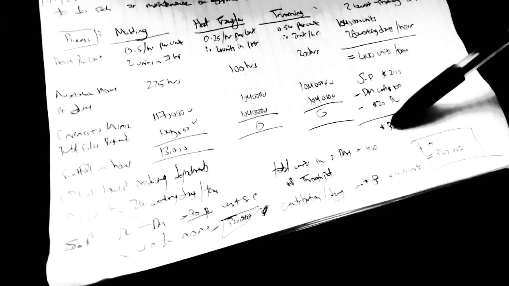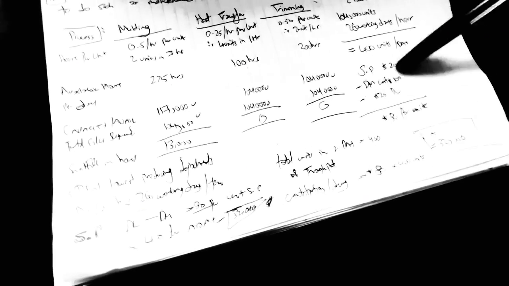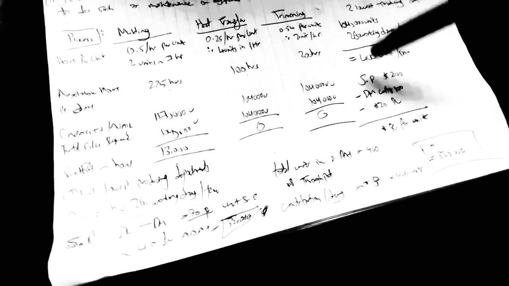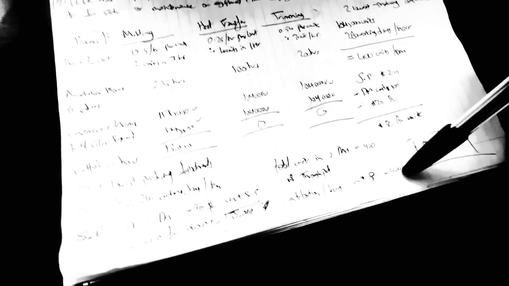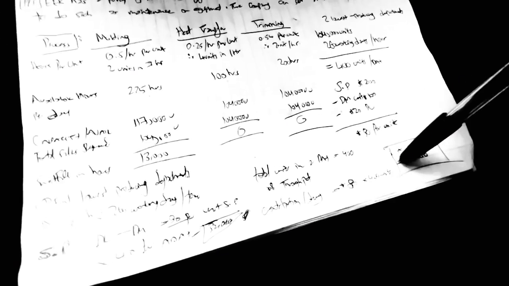You take that off and you're still going to get 80. So there are two methods of doing it. You can do it from this formula, or you can do it like this. It's going to give you 80 per unit. And because at the beginning we decided that it's going to be 400 units production in a day, you multiply that by $80 and you get $3,200. That sums it up. Let me show the question one more time.